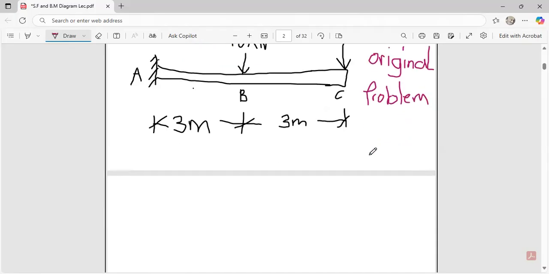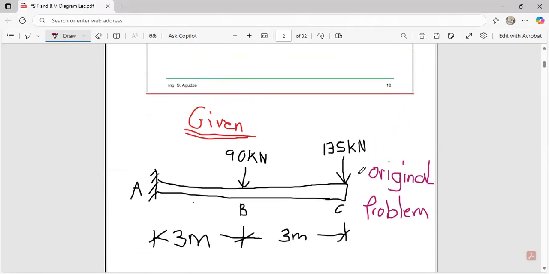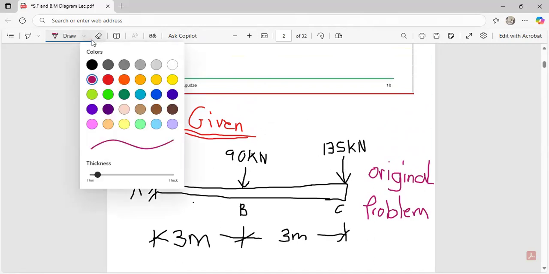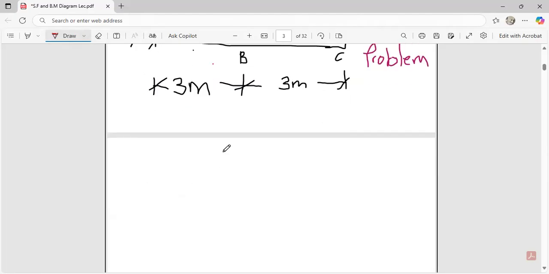So after this, where do we move to? We have to draw our free body diagram, and that is going to come in our solution. So let's come over here and write solution. So this is our solution.